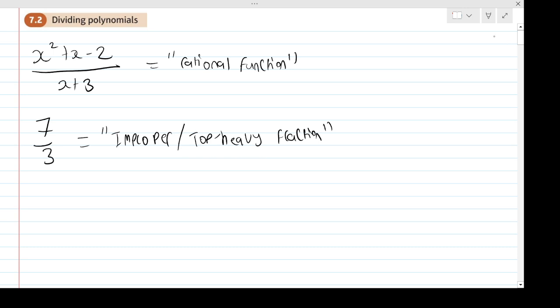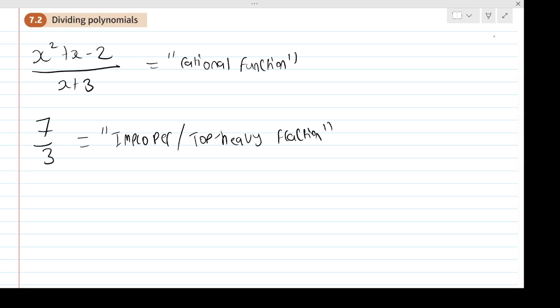Okay, the top is kind of bigger, heavier than the bottom, and so when the number on the top is bigger, then we can simplify it down.